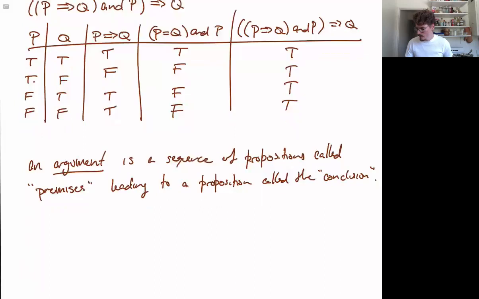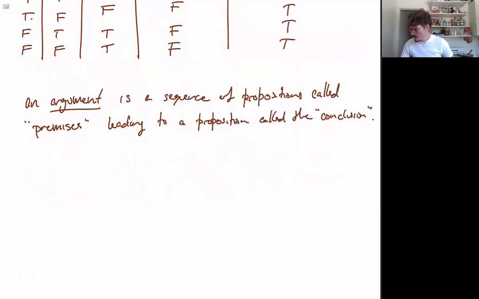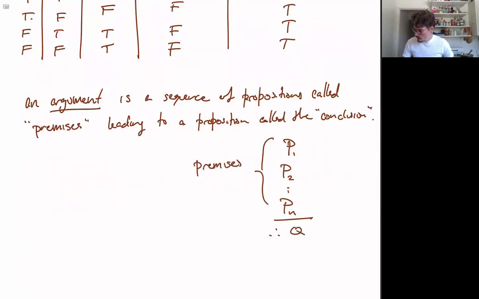So it might look something like this. We have proposition, proposition, proposition, therefore conclusion. So just to write it out, these are our premises. This is our conclusion. And this guy means therefore.